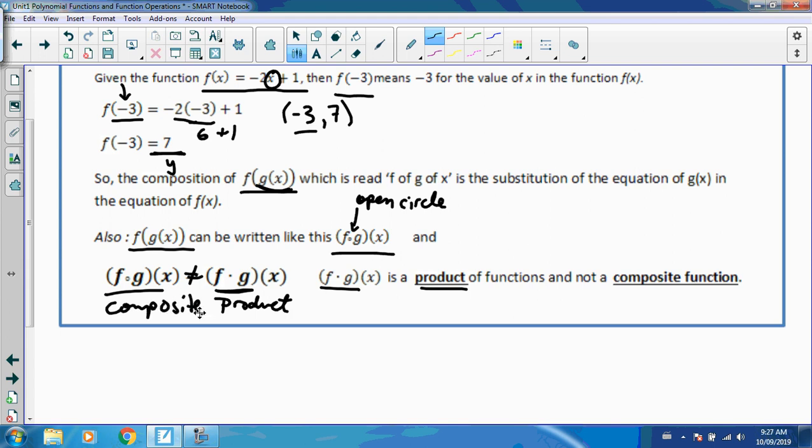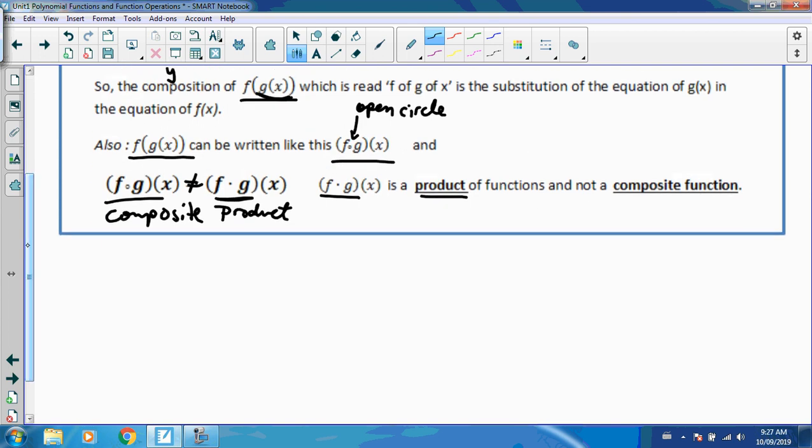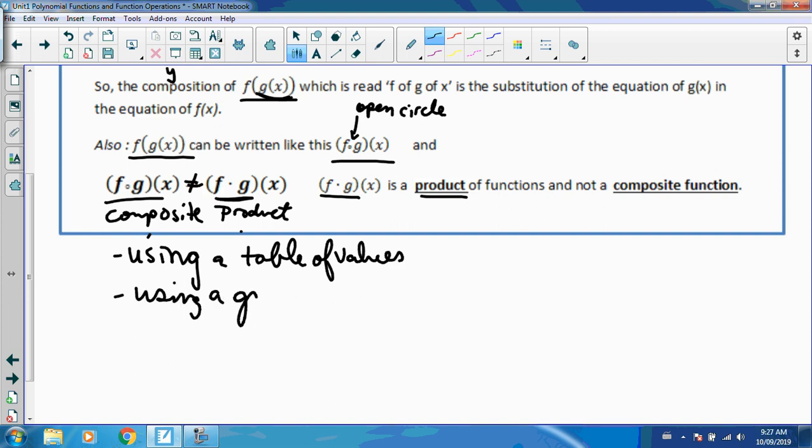So let's look at a couple of examples. And again, the skills here are doing a composite function or a product function or a quotient or a sum or whatever. First, using a table of values. Then using a graph, which is really the same sort of thing.